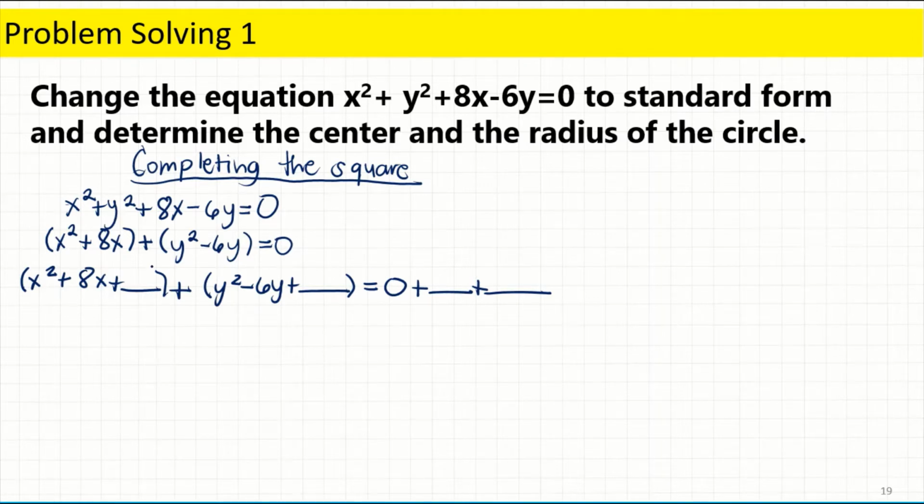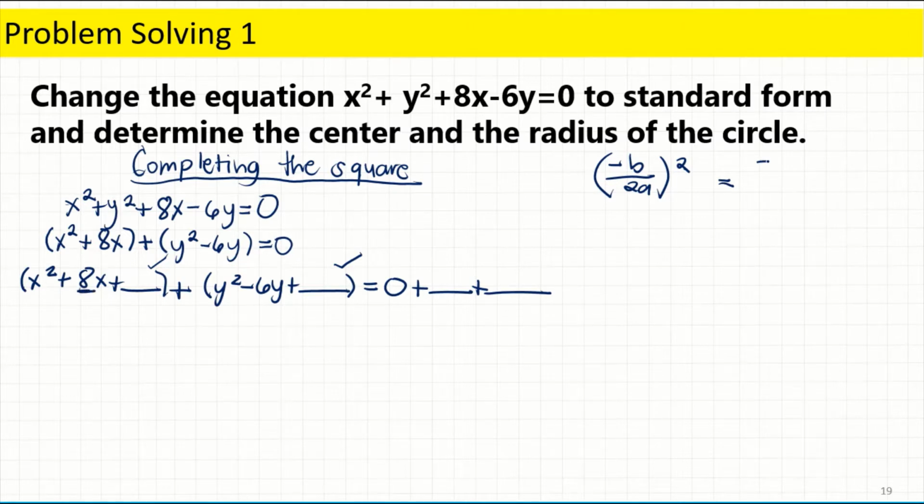To get the numbers, we take the value of negative b over 2a, squared. For the variable x, our b is 8.